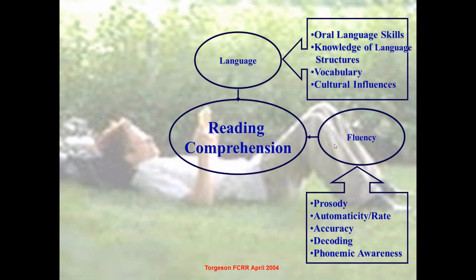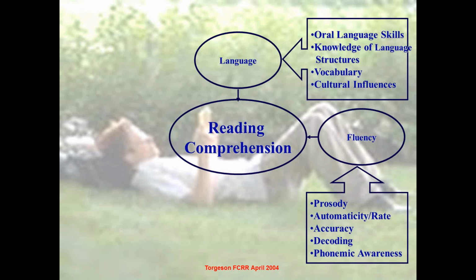So a student who reads like this, by the time they get to the end of the sentence, don't remember what they read. So it's not about students speed reading. It's about students reading fluently enough so that they can access comprehension.